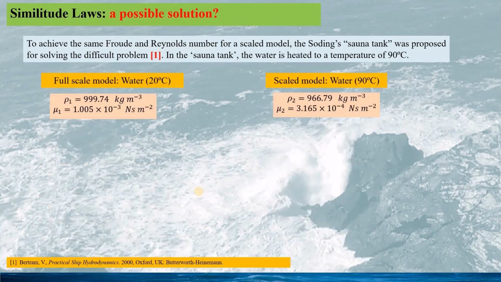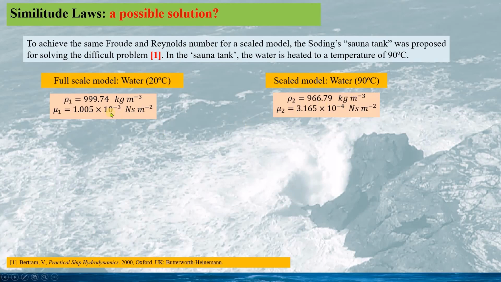For the full-scale ship, the water is supposed to be at 20 degrees Celsius, while the scale model at 90 degrees. So we can see the density would reduce by about 3%, from 999 to 966 kilograms per cubic meter.